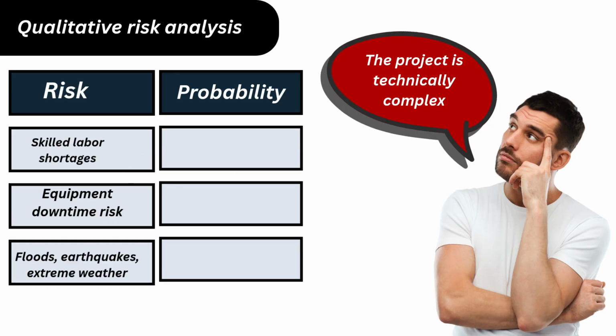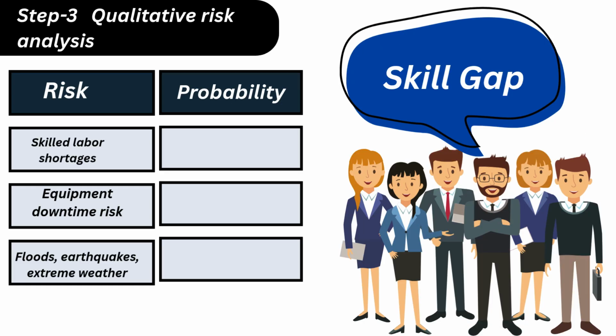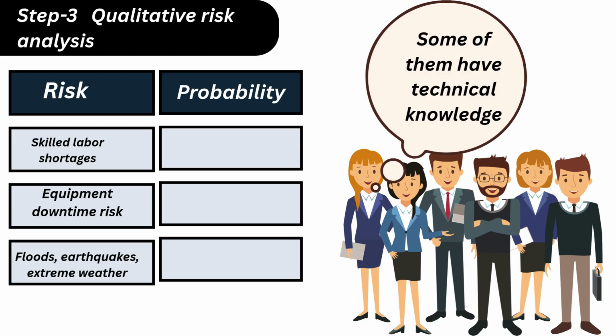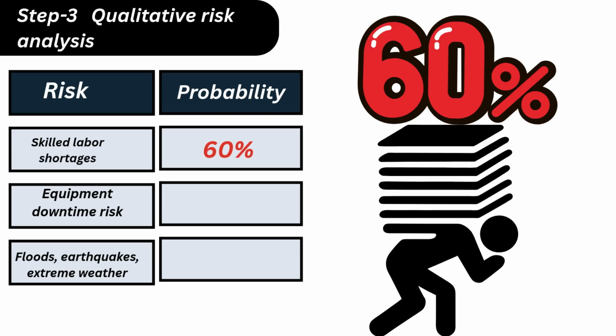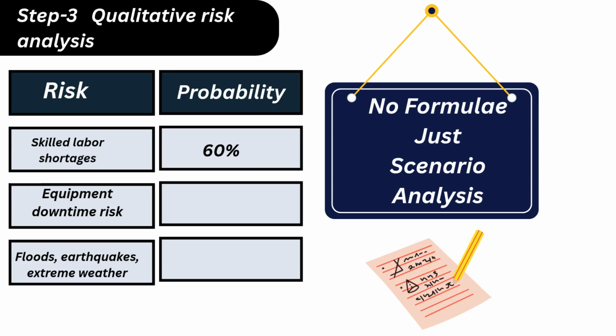I think that way, my project is technically complex, so some of the employees don't know the technical things or there is a technical skill gap, and I need to train them. So the probability of having this risk is not very high because some of them are there, but yes, around 60% I feel. I have got this 60% not out of any formula, but by analyzing my project scenario.